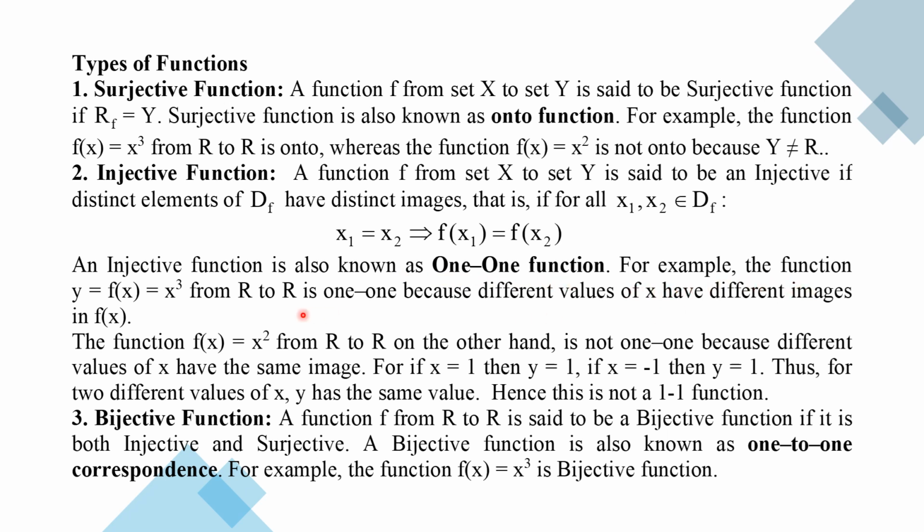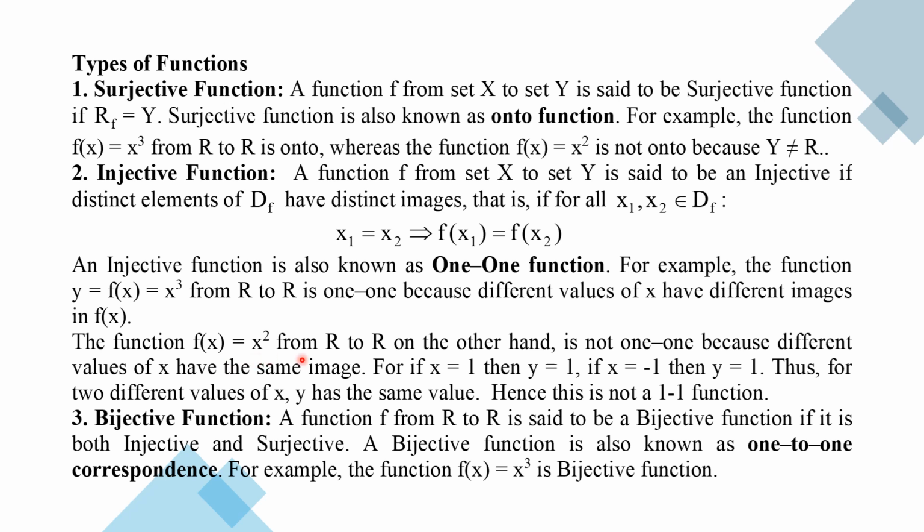For example, the function f of x equals x cube from R to R is a one-one function, because every distinct element from the domain has a distinct image; different values of x have different images in f of x.